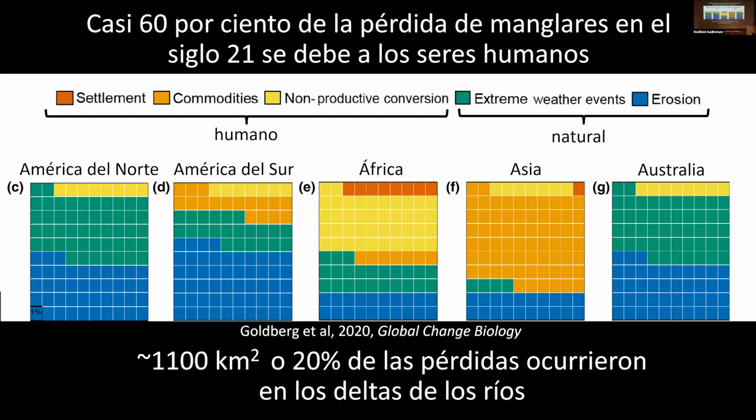What I really want to point to here is that of about 6,000 square kilometers of loss that we've seen in the 21st century, about 20% of that is occurring in delta systems alone.